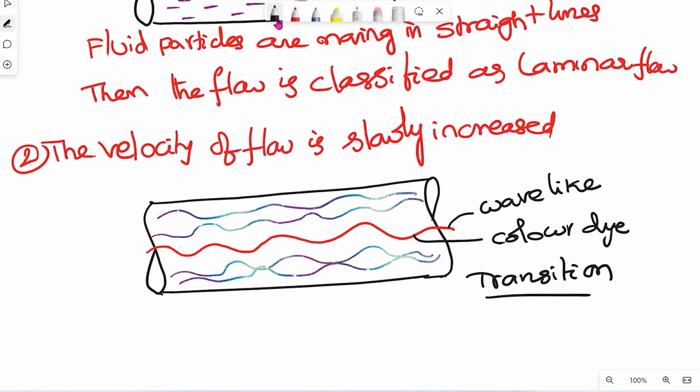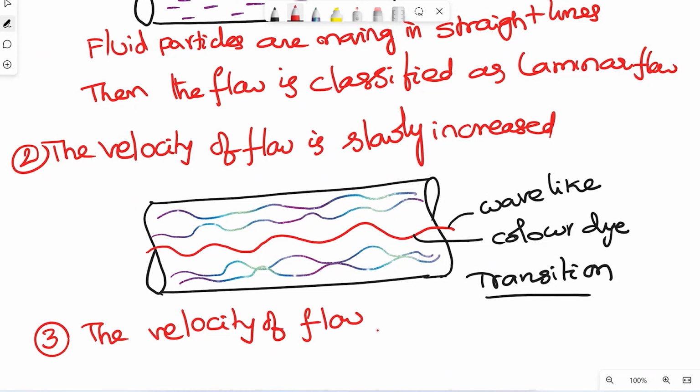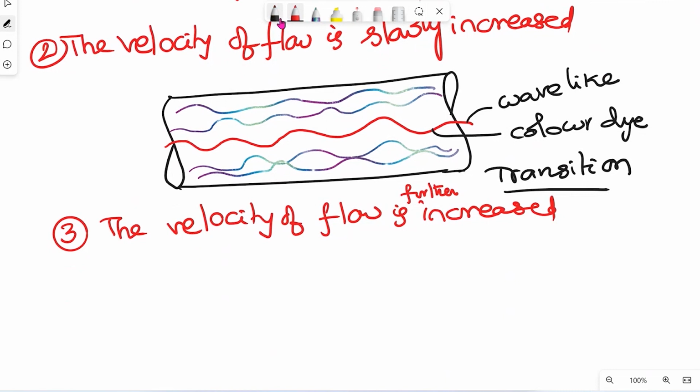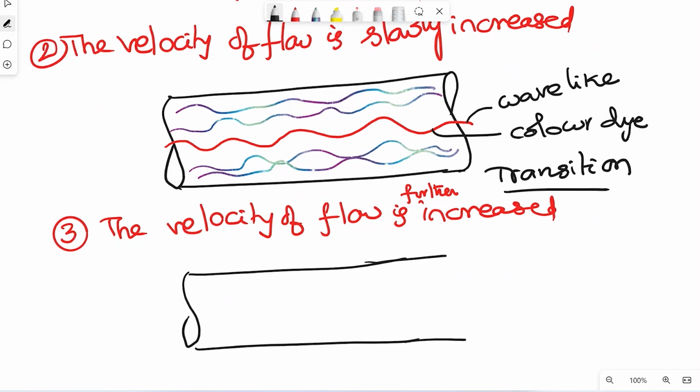And the third one is when the velocity of flow is increased, further increased. Then what we observe, if I take this as the pipe, right?